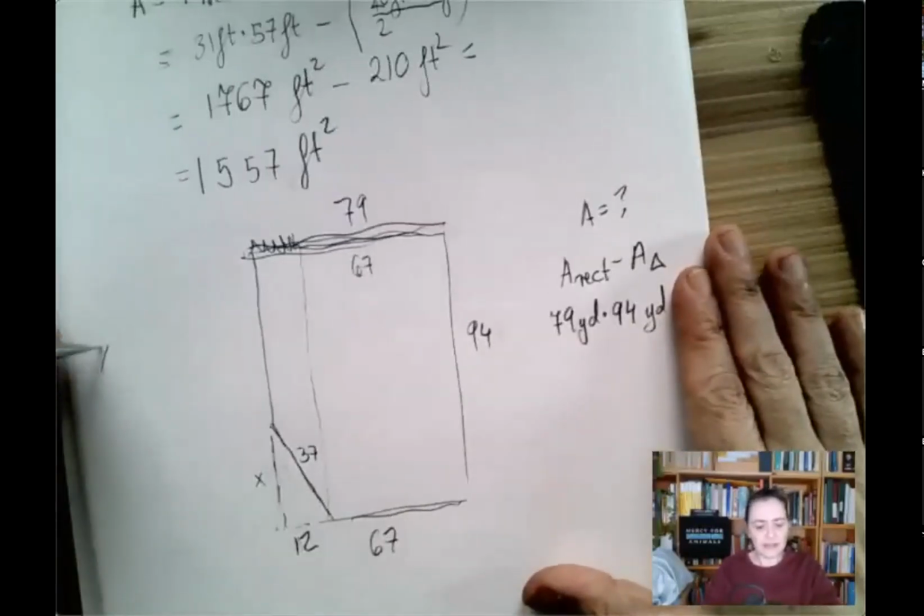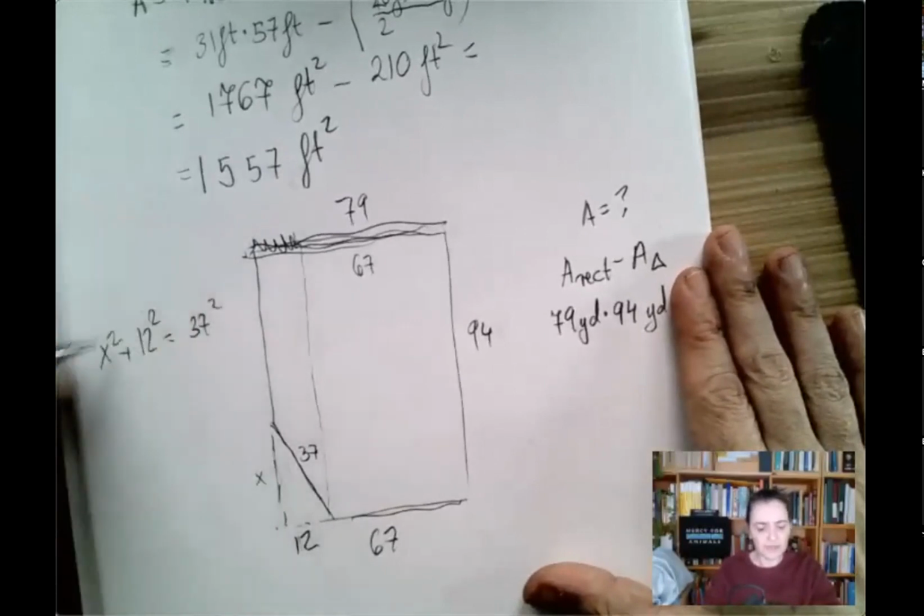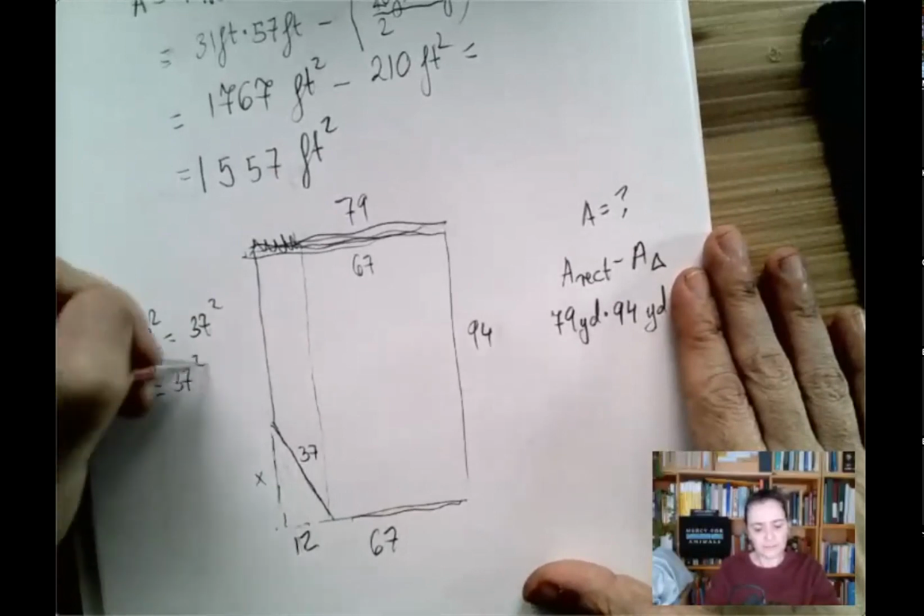So this time x squared plus 12 squared equals 37 squared. And then we're solving for x. That's not the hypotenuse.